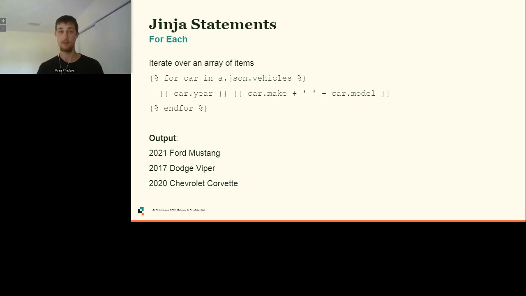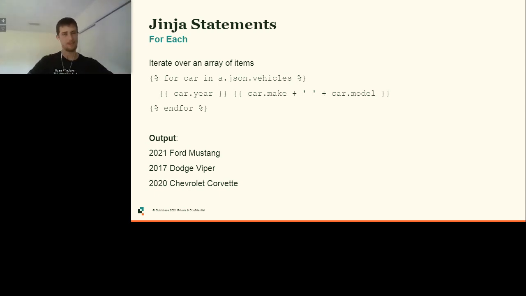We're saying for each car within the array of a.json.vehicles, do whatever it is; in this case, we're going to output the year, then the make and the model. Then we end that for loop. At the bottom, we see the output: the Ford Mustang, the Dodge Viper, and that Corvette.